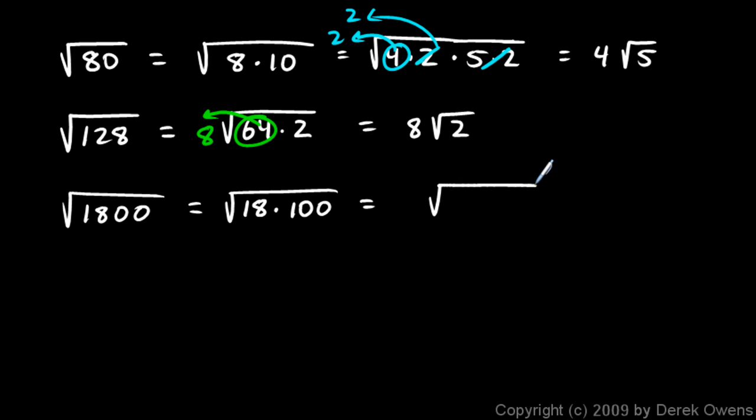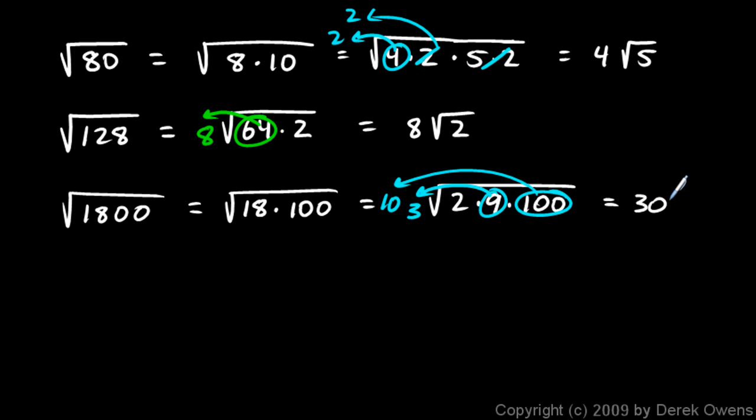So let's write this as 2 times 9 times 100. Now, the 9 pops out of here as a 3, and the 100 pops out of here and becomes a 10. So I have a 10 times a 3 times the square root of 2. So my answer is 30 times the square root of 2.